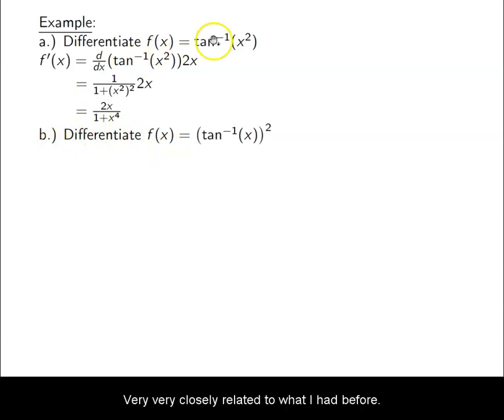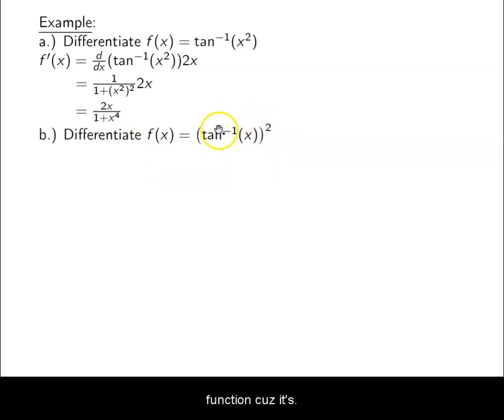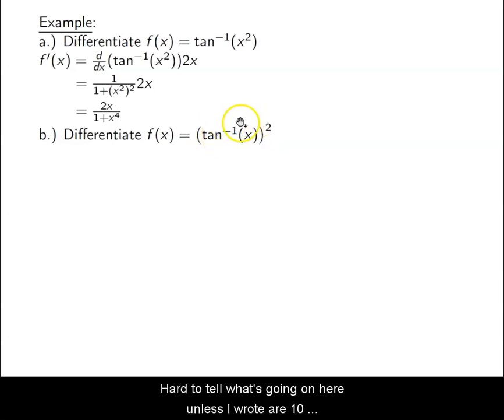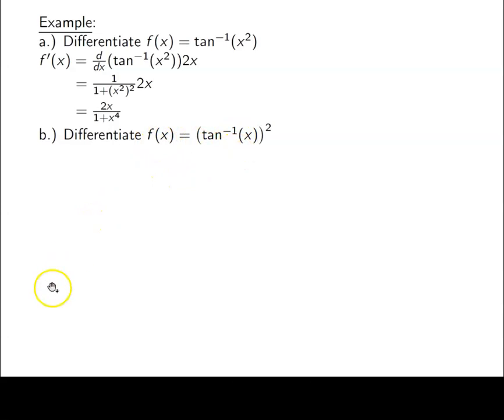Now, very, very closely related to what I had before. For inverse functions, we don't put the 2 next to the trig function because it's hard to tell what's going on here. Unless I wrote arctan squared, then it's very clear that I'm taking tan inverse and squaring it. Why don't you go ahead and take the pause I'm going to give you in just a moment to try and differentiate this yourself.